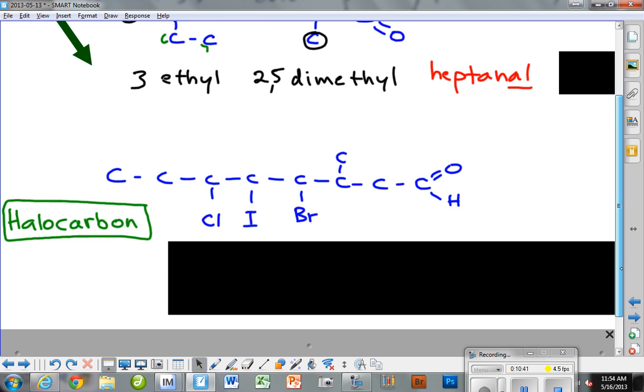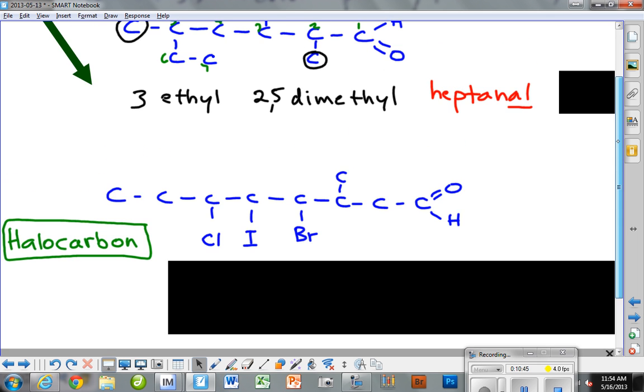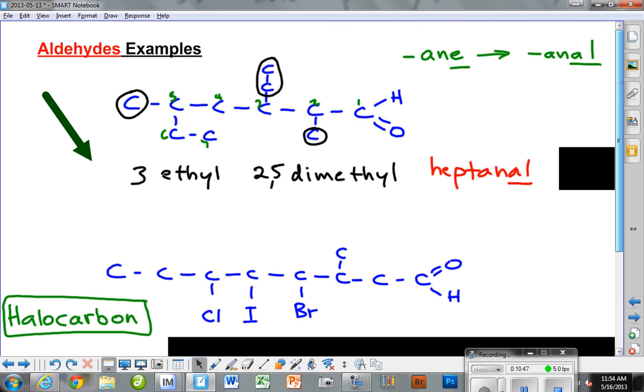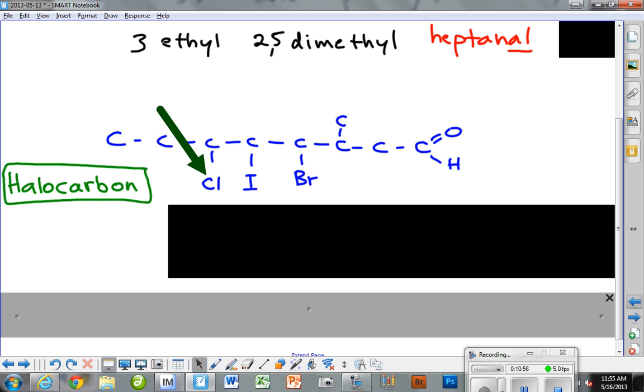And then our next little dude down here, you need to know a little bit about halocarbons. And halocarbons are those guys that are going to have some halogen hooked into the chain. Halogen is column 17 on the periodic chart.